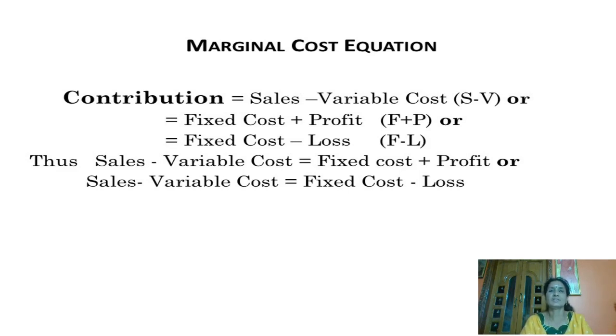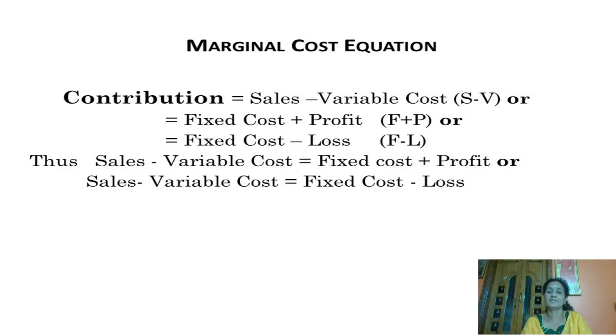So in this contribution of 60,000, 25,000 is fixed cost, and the balance 35,000 will be the profit. So if they give fixed cost and profit, contribution can be found out, or if they just give sales and variable cost, we can also identify the contribution.